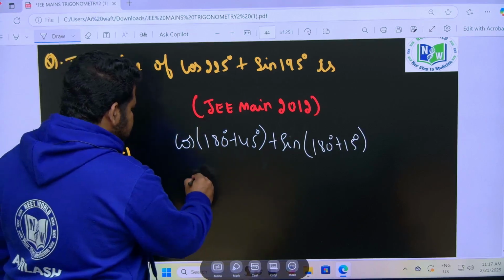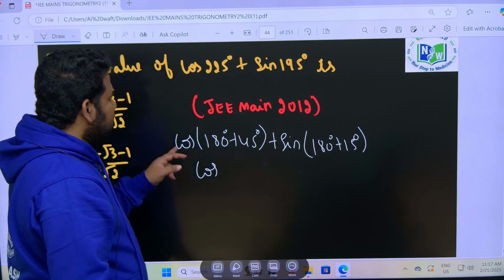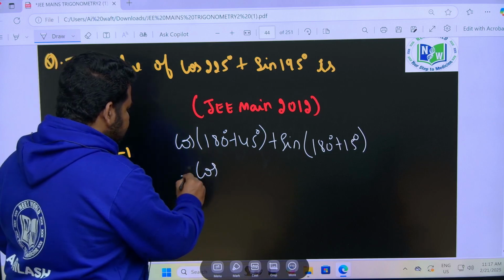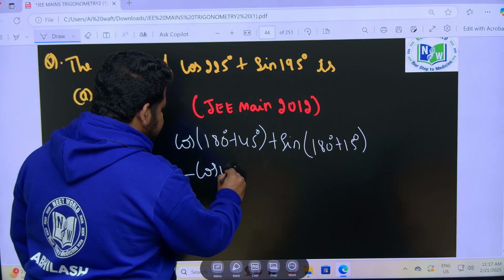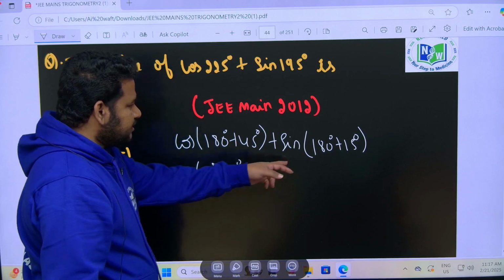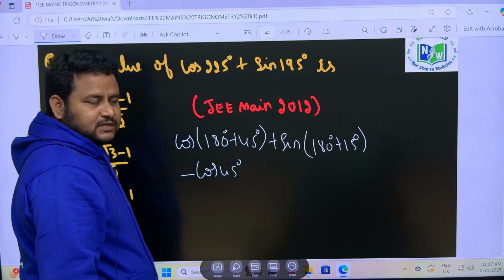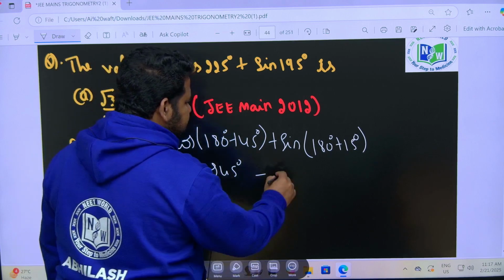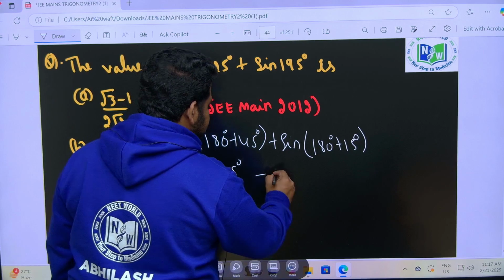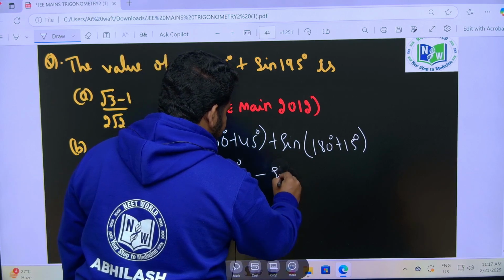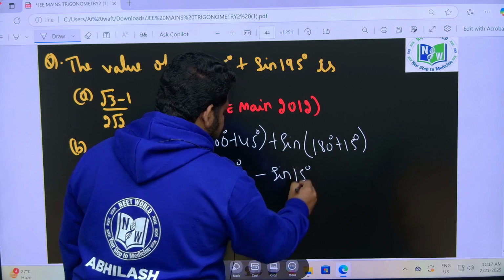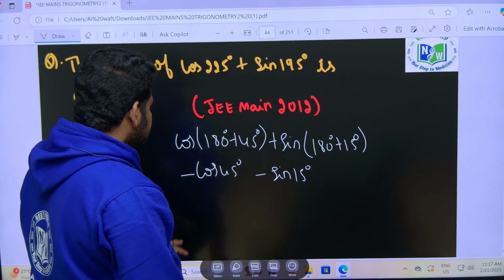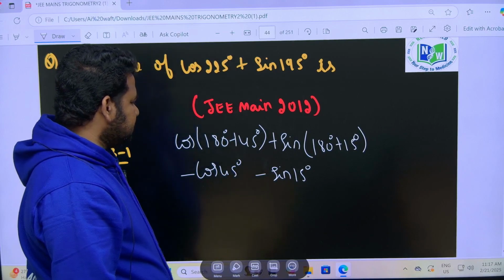Cos, this is what? Third quadrant, what it is? ASTC. Third quadrant cos is negative. So cos minus 45 degree. And third quadrant what happens to sin? Sin is also negative. Because third quadrant sin is also negative, only tan is positive, minus cos 45 minus sin 15 degree.